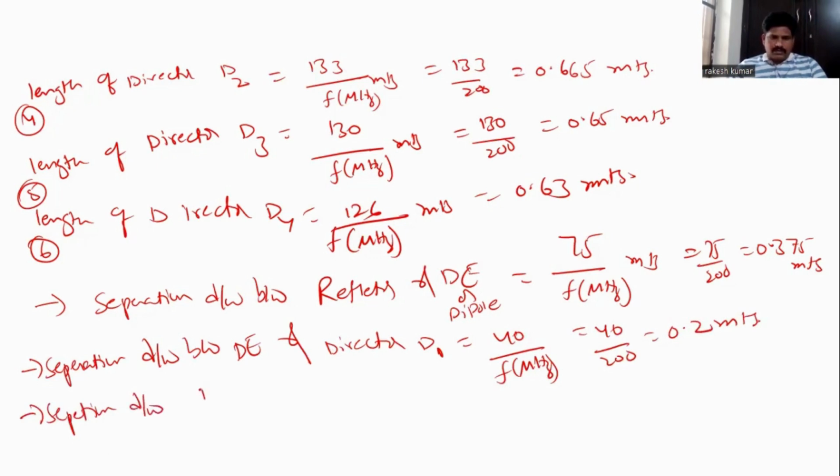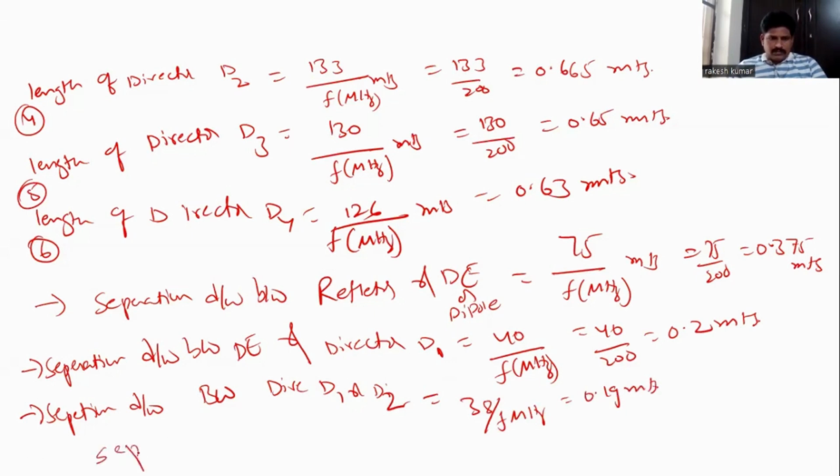Next, the separation distance between director D1 and director D2. Okay, so it is 38 by F in megahertz, equal to 0.19 meters.